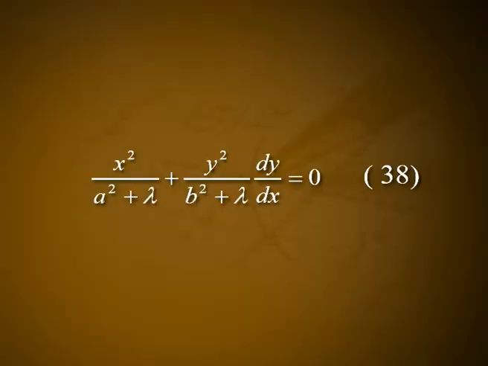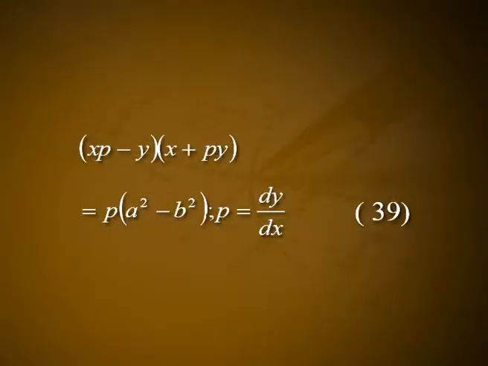Differentiating, we get x by (a square plus lambda) plus y by (b square plus lambda) into dy by dx equal to 0. Eliminating lambda between equation 37 and 38, we get (xp minus y) into (x plus py), which is equal to p into (a square minus b square), where p is equal to dy by dx.